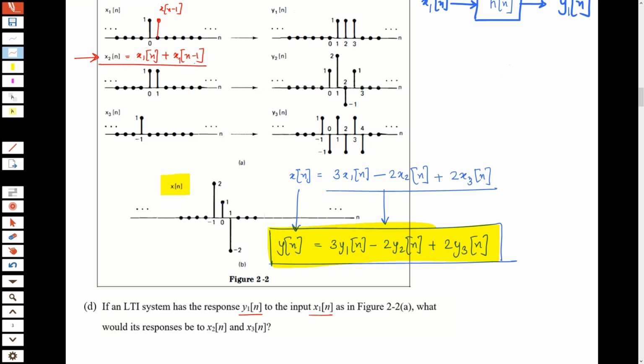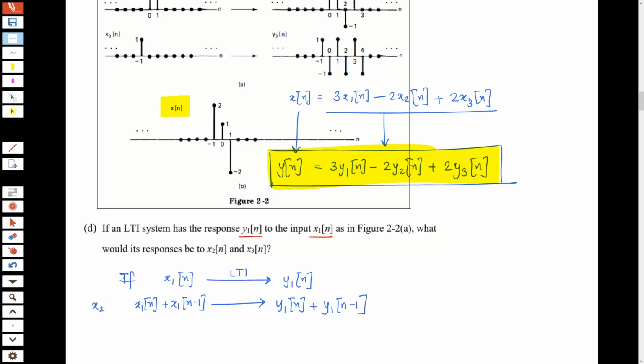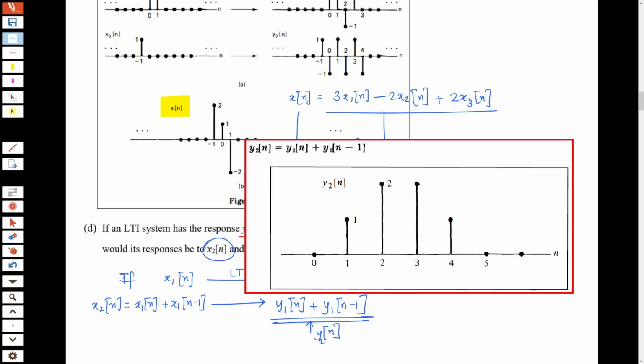So this is x2[n], and because it is an LTI system, I can say that if x1[n] gave a signal y1[n], then x1[n] plus x1[n-1] should give y1[n] plus y1[n-1]. This is x2[n], and this is y2[n]. So this is what you'll get for x2.